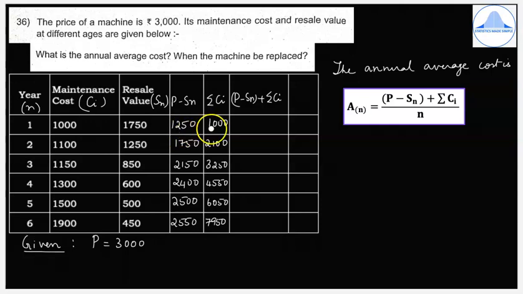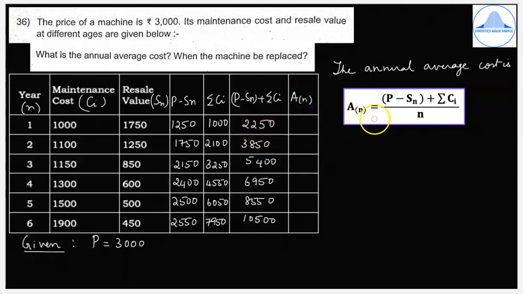So you have to just add these two columns. So you'll get 2250, 3850, then you will get 5400, 6950, 8550, then 10500.